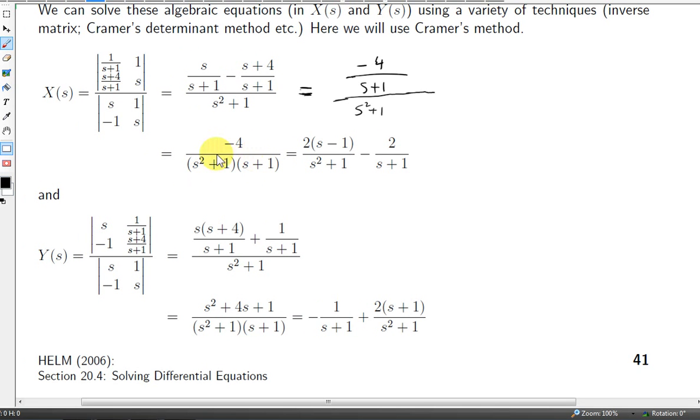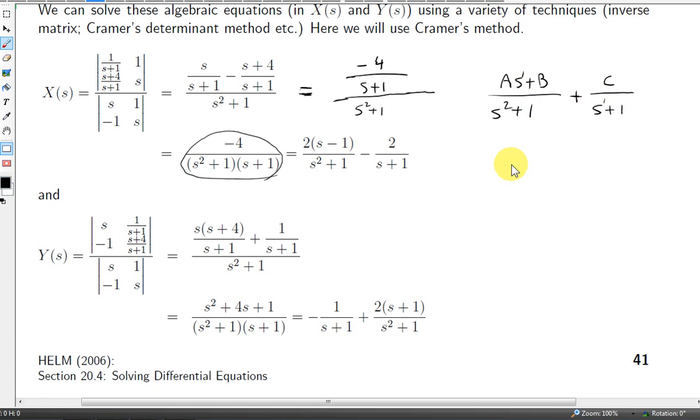Now we're going to use partial fractions here to get two terms whose inverse transforms we can find. So we're going to write this as as plus b over s squared plus 1 plus c over s plus 1. Now, as we've seen before, if the denominator is a quadratic, we need a linear expression in s on top, and here the denominator is linear, so we just have a constant c.